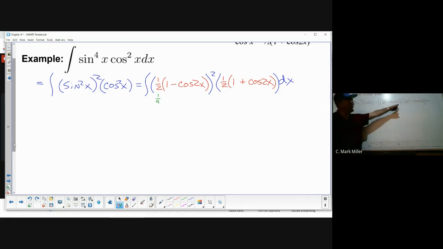Then I have a half over here. Half times a fourth is an 1/8. I'm going to bring that 1/8 all the way out, so I'm going to go down here and bring 1/8 all the way out there.